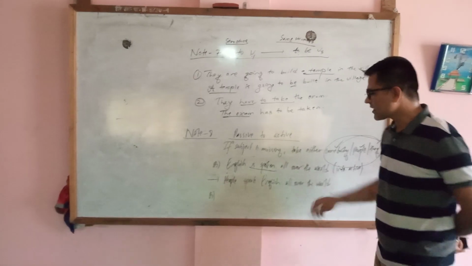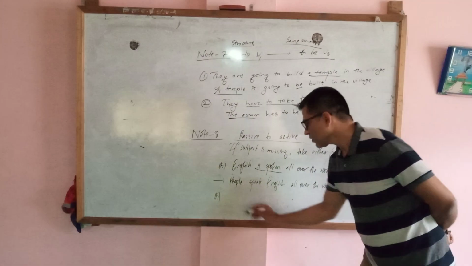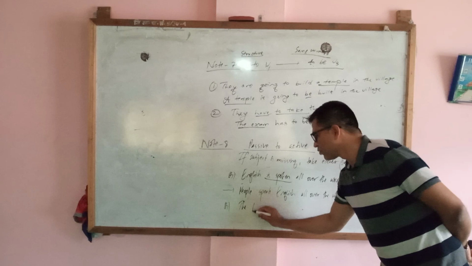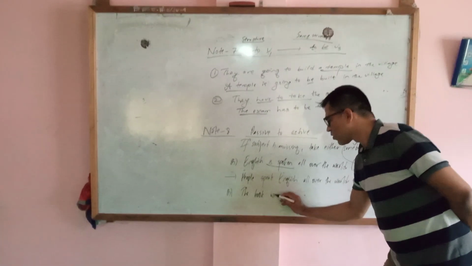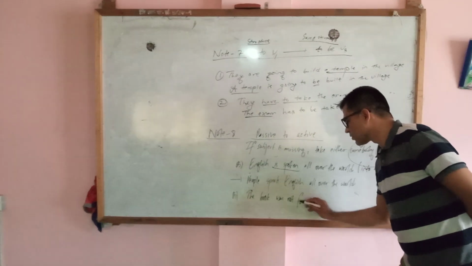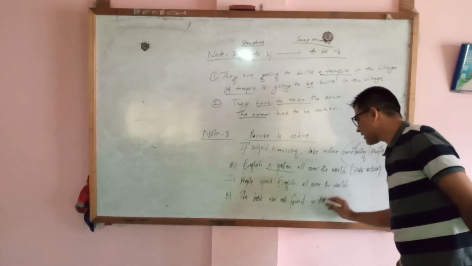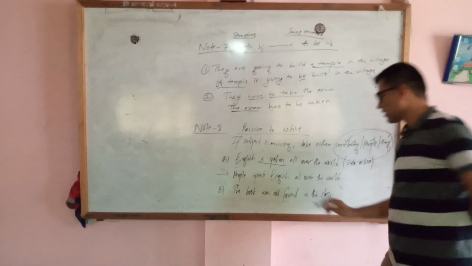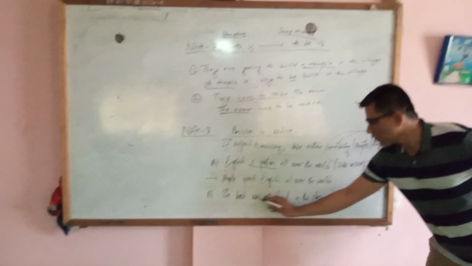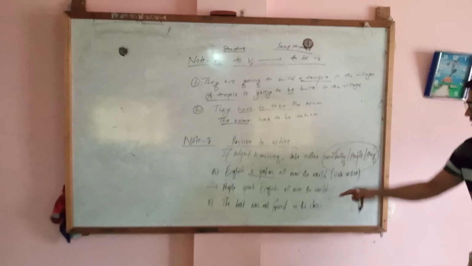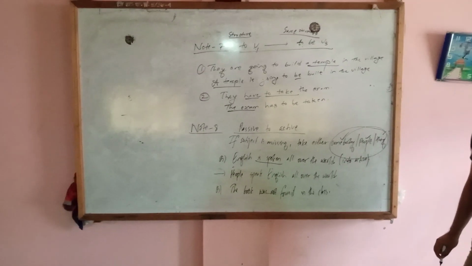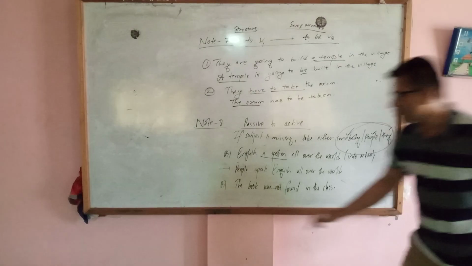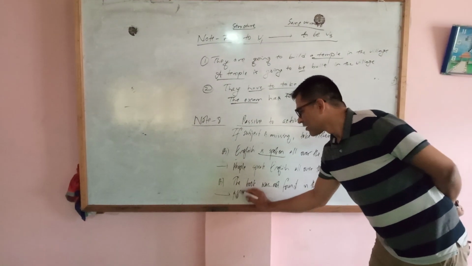In the same way, the book was not found in the class, for example. And here is the negative form of was not, B3 is also there, but no subject. And how can we take the subject? In case of negative, we have to take the subject nobody.